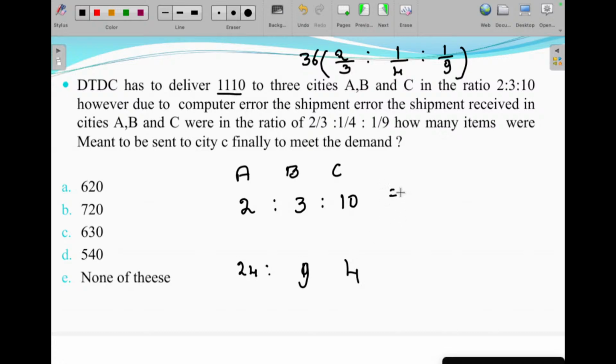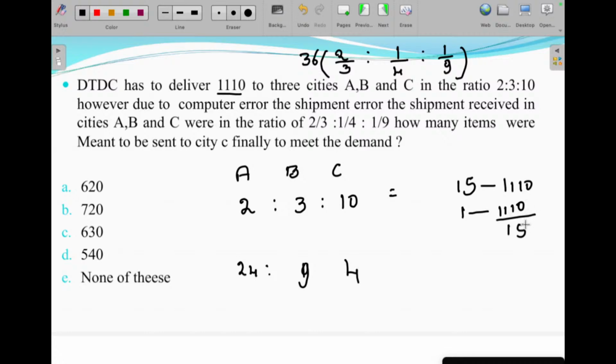Method 1: 2 plus 3 is 5, 5 plus 10 is 15. 15 parts is equal to 1110. One part is equal to x.